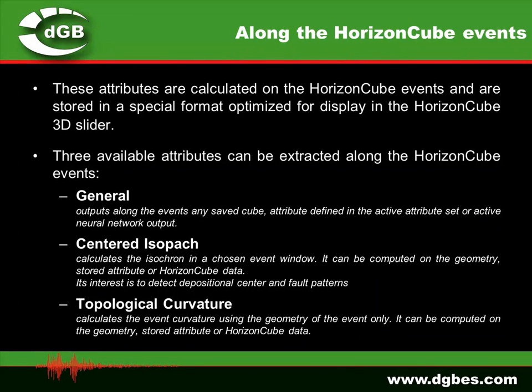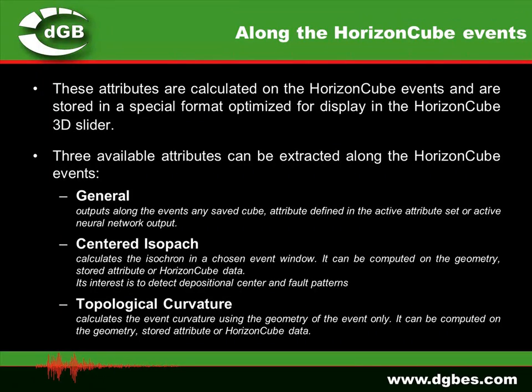There are three kinds of attributes available. The general one allows you to save any stored volume attribute defined in the active attribute set, or neural network output, as a HorizonCube at the HorizonCube event location.